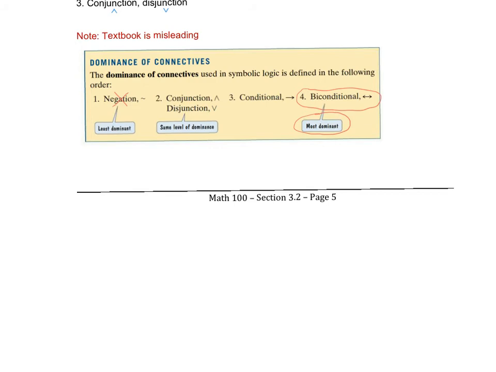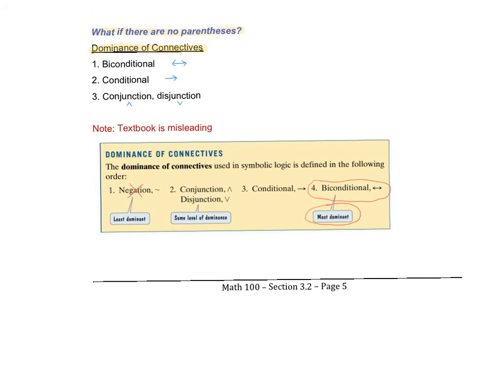Which is why, going back to my list, I list number 1 as the biconditional, it's most dominant, 2 conditional, 3 conjunction and disjunction, they have the same weight. Right? They're both kind of the same as far as dominance goes. Okay, so this is just my preference. Again, the negation shouldn't even be there.